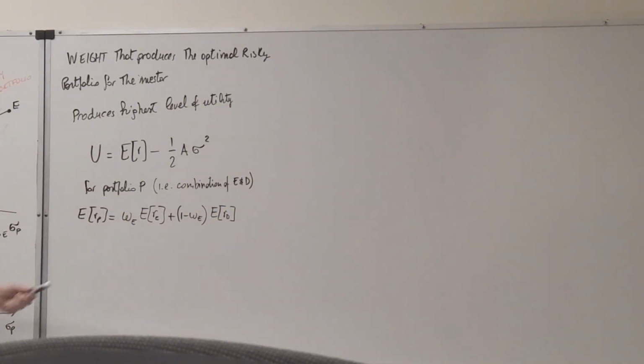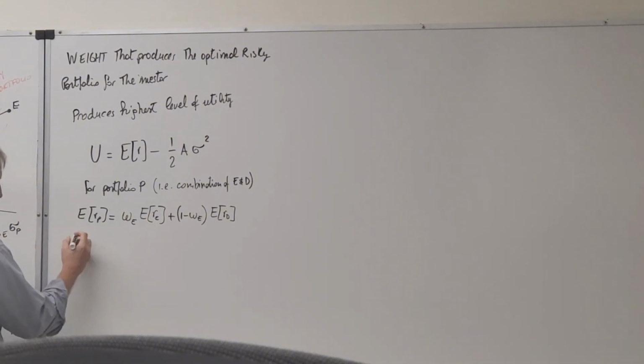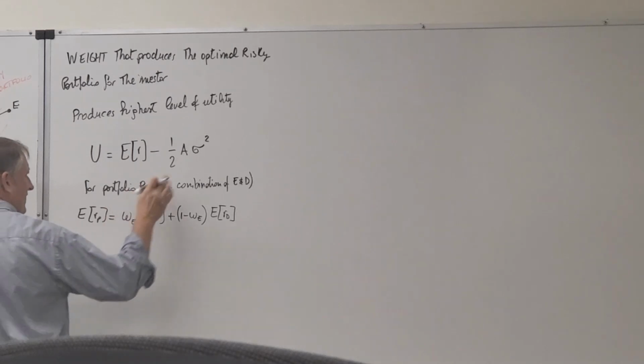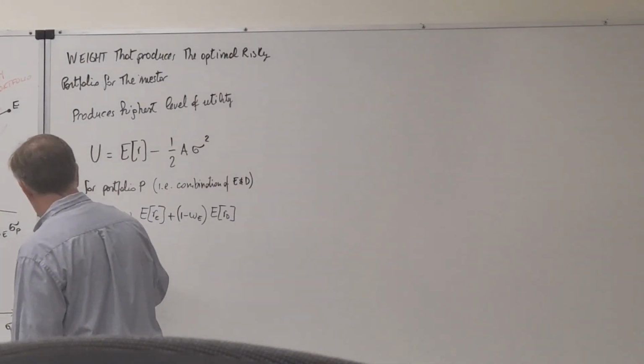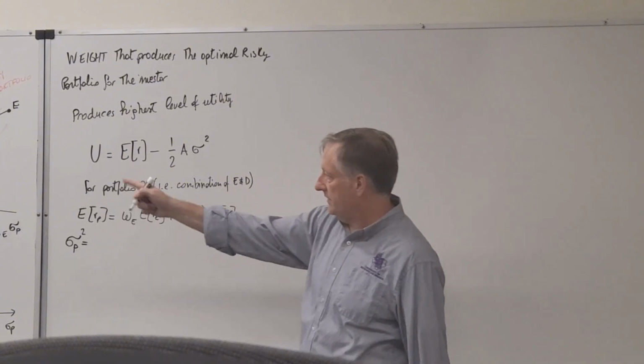Where did I get this thing from? 1 minus the weight of equity. This is the weight of debt. Yeah, okay. What about risk? Well, sigma P, here I'm looking for sigma squared, so let's directly get sigma P squared instead of taking the root.